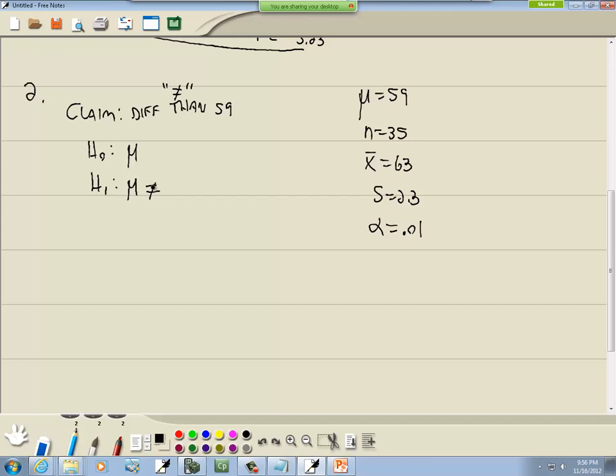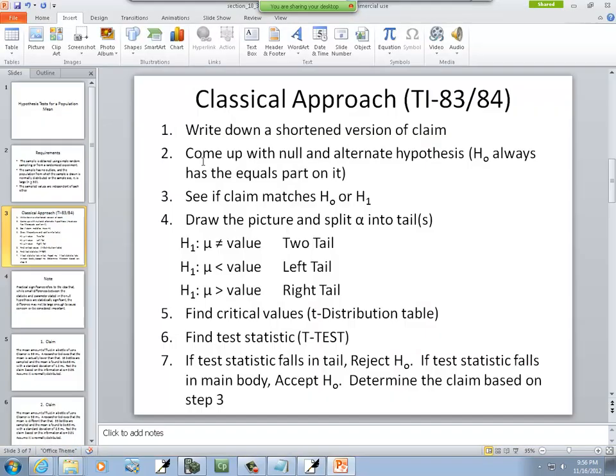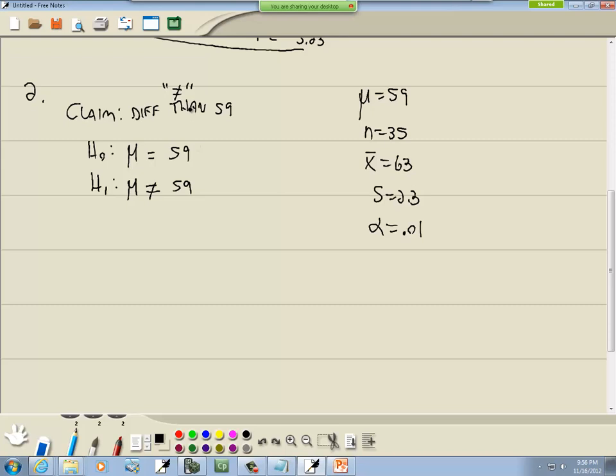If that's not equal to, then equals is up here. 59. Step 3, see if your claim matches H naught or H1. Different than, not equal to, that's the symbol we put here. So it matches H1. They don't always match H1. They do a huge amount of time, but don't be surprised if one of your problems matches H naught.